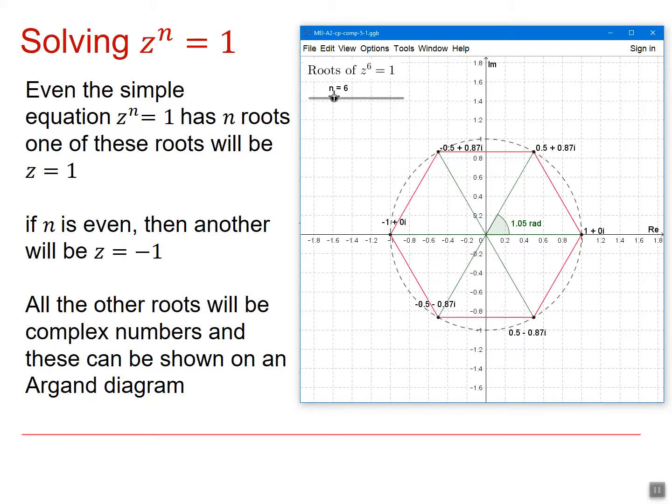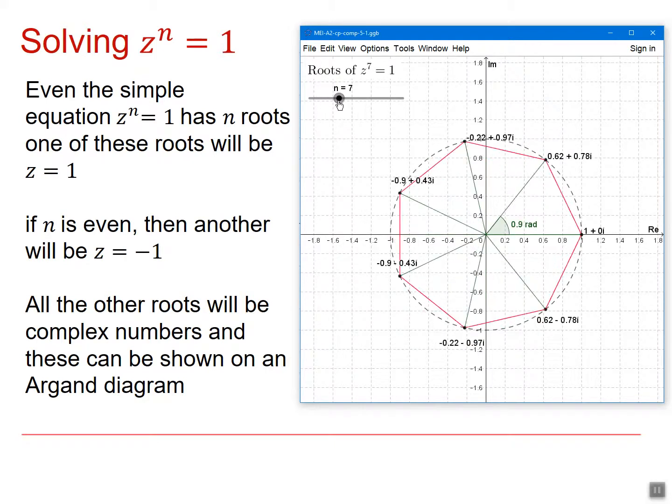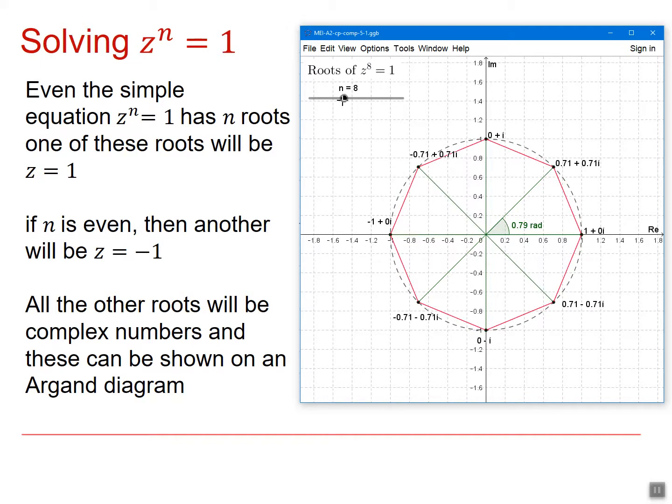I'm always getting a root at 1, and for the even numbers, 6 and 4 and 8, I get another one at minus 1. And then the complex roots appear in conjugate pairs. There's actually a mirror symmetry about the real axis. These two are conjugate pairs, these two are conjugate pairs, and these two are conjugate pairs.